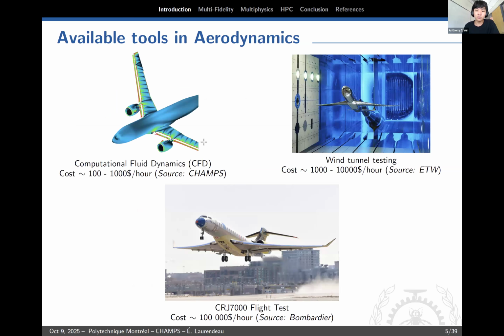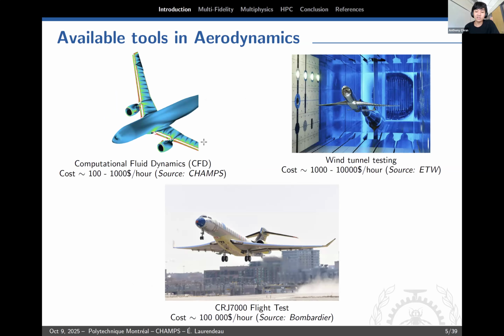In order to perform aerodynamic analysis, we have three main tools: computational fluid dynamics, CFD, wind tunnel testing, and flight testing. Obviously, wind tunnel testing and even more so flight testing are very costly and long to run, so typically these are reserved for later stages of aircraft development.